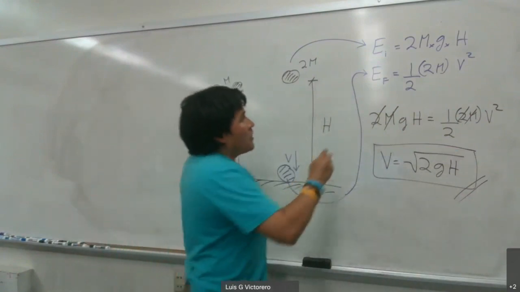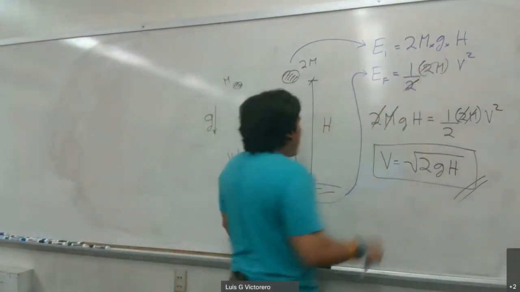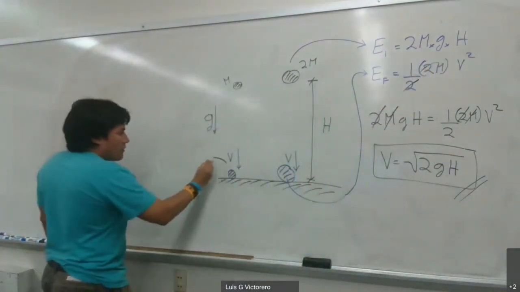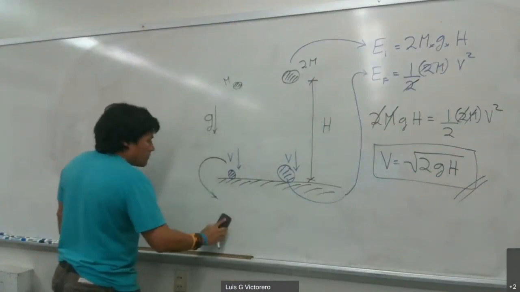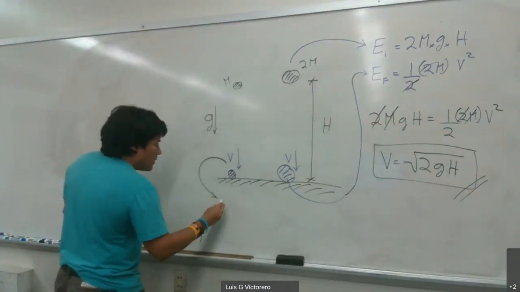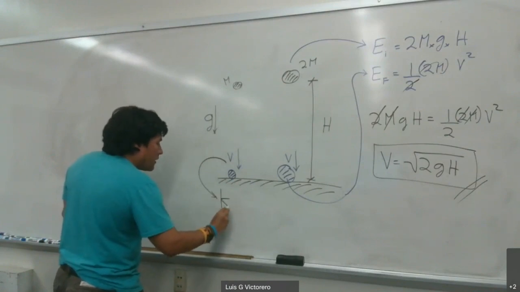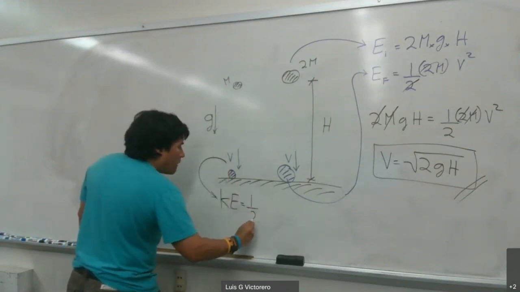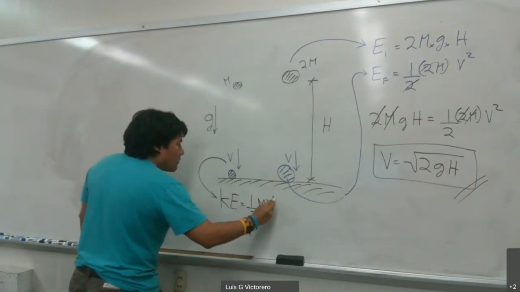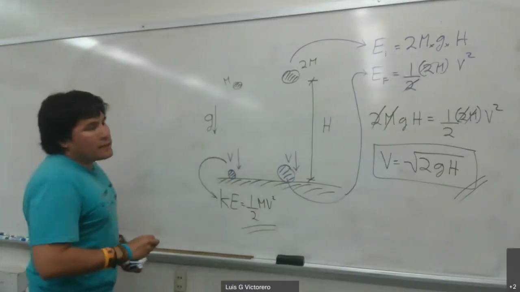But the kinetic energy is 1/2 mv squared. The kinetic energy here will be 1/2 mv squared. Same speed, but different kinetic energy.